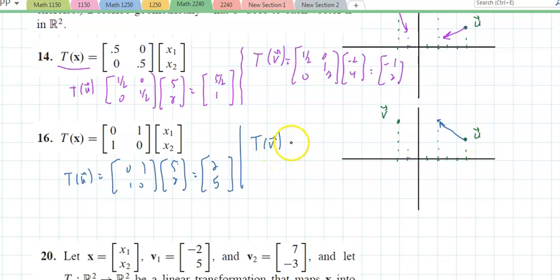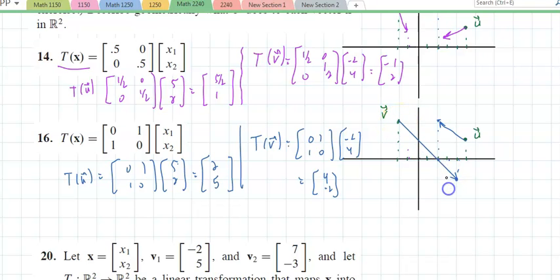And when I applied it to v, that is 1 half, 0, 0, 1 half, applied on negative 2, 4, and that would be, no, wrong one, right? 0, 1, 1, 0, that will be 4, negative 2. So negative 4, 2, negative 1, negative 2.